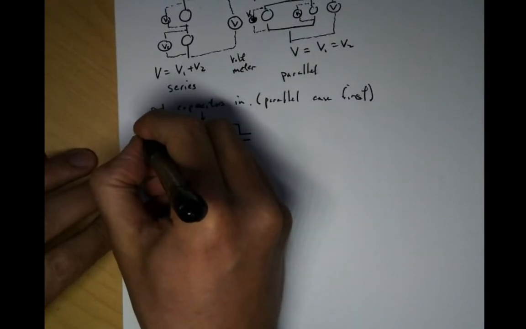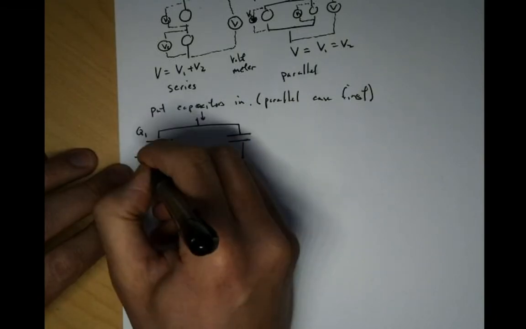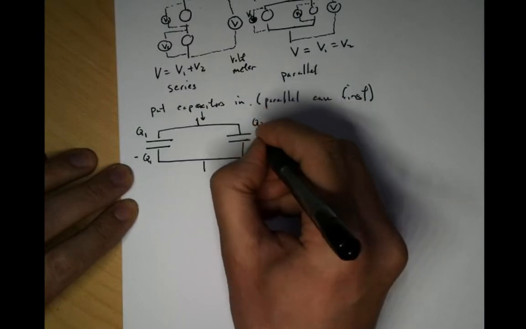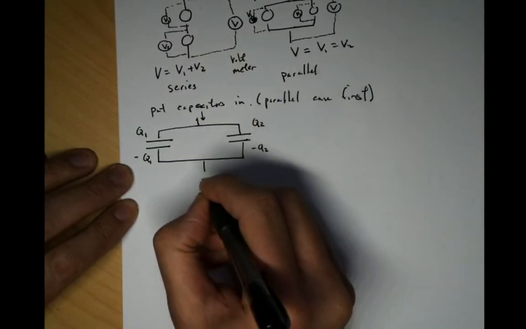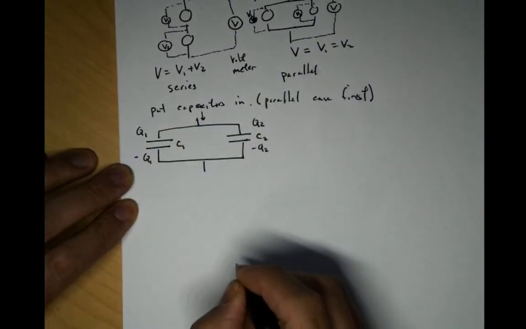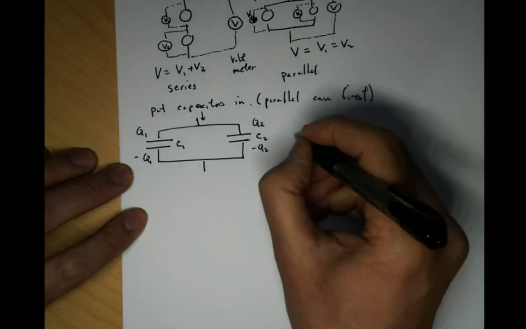There's going to be some charge here, it's going to be Q1, and there can be the negative version of this, minus Q1. It's going to be Q2 here, minus Q2. And these are two different capacitors, C1 and C2.